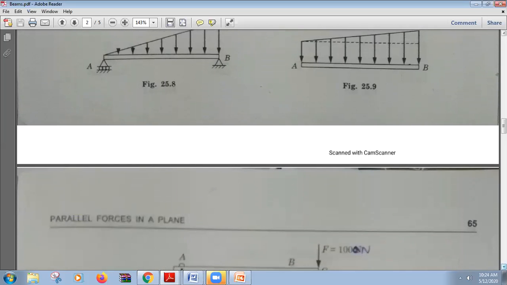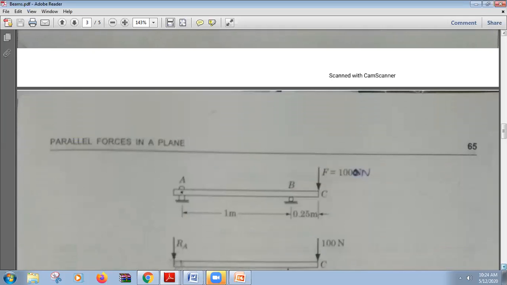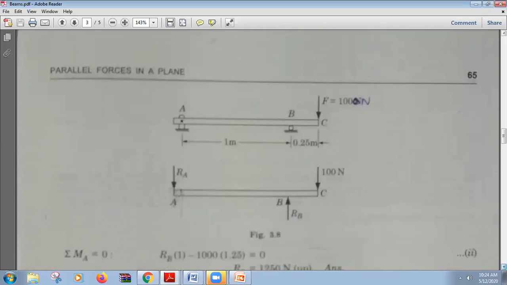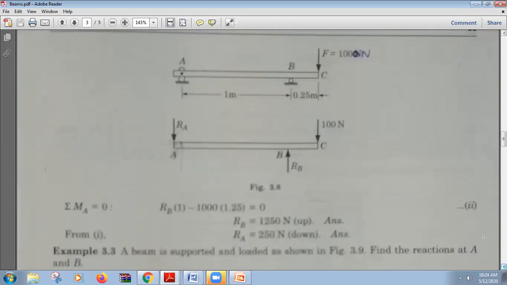So we'll be talking about a few examples. We can see here that this is a beam. This is pivoted at one side, and this is roller support, and F is acting vertical downwards. So F is 100 Newton. So 100 Newton is acting vertical downwards.